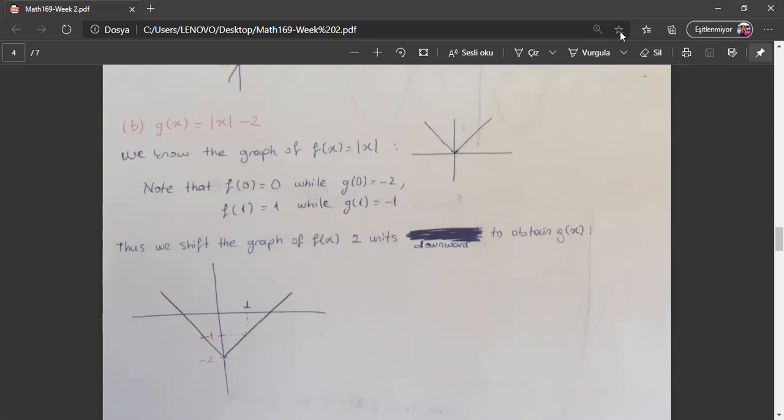And instead of 1, we'll get minus 1. So each value will be 2 units downward. That's why we shift it downward 2 units and get the graph of g of x.